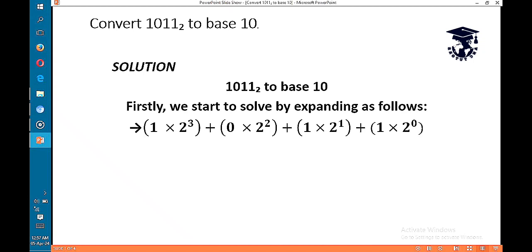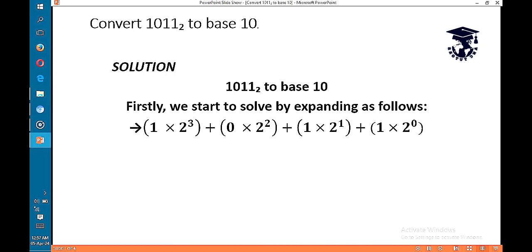Moving on to the second digit of the number, which is 0, we multiply by 2, which is the base, and that is why we have 0 times 2 in the second bracket. Taking the third digit of the number, which is 1, we multiply by the base, which is 2, and that is why we have 1 times 2 in the third bracket.